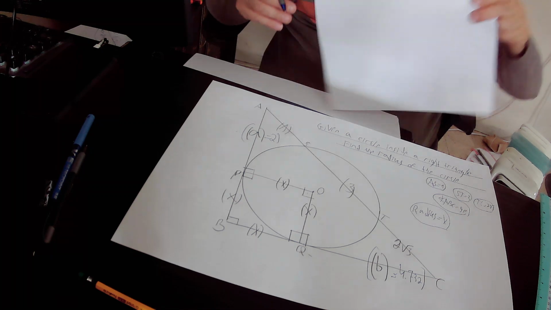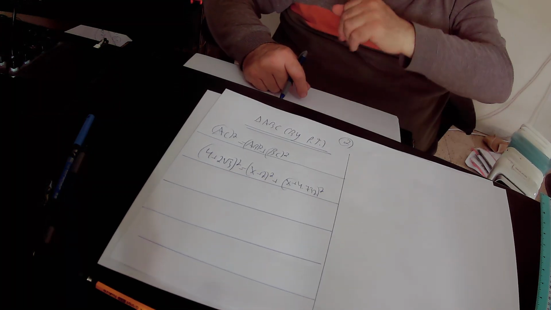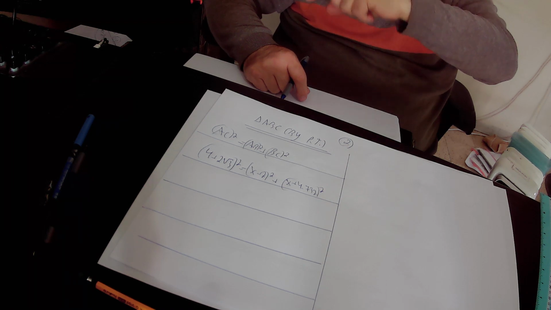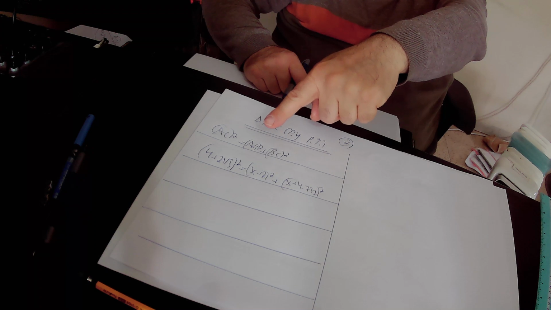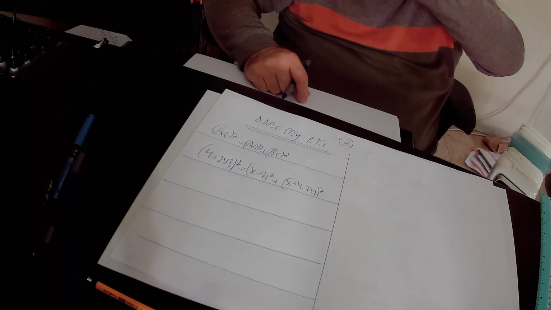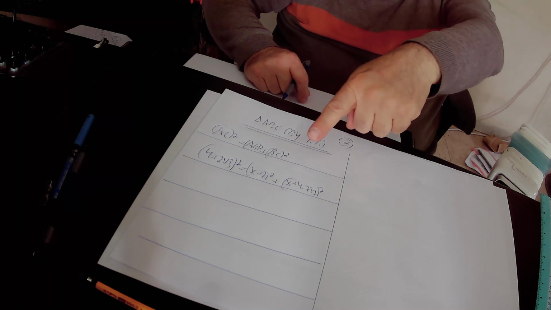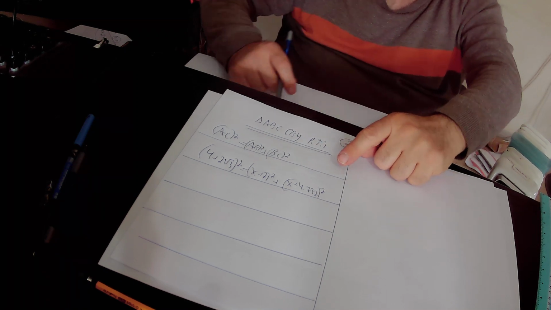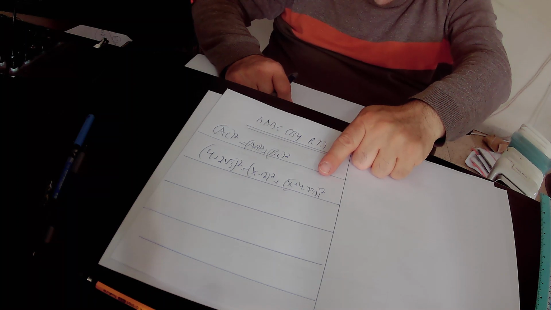In conclusion, we found out that according to the Pythagoras theorem, (4 plus 2 times square root of 3) squared, that is AC squared, equals (x plus 2) squared plus (x plus 4.732) squared.